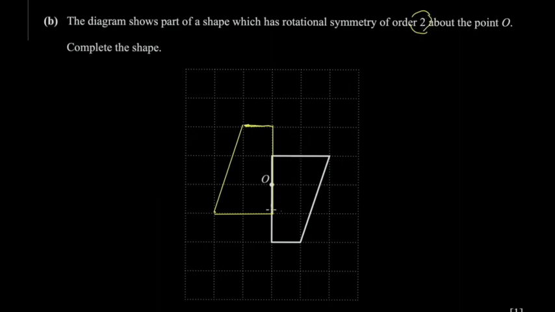This spot here would rotate and move to the spot. This one here would rotate and move to the spot, and thereby you'd have order of symmetry 2. Okay, so yeah, that's it. So for this question, that's done.